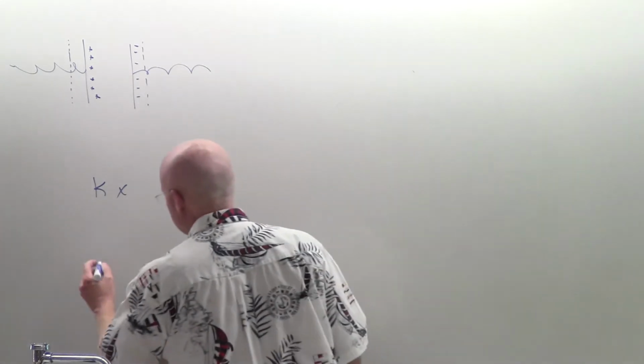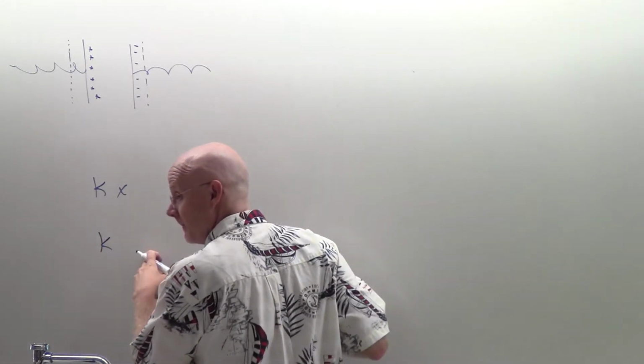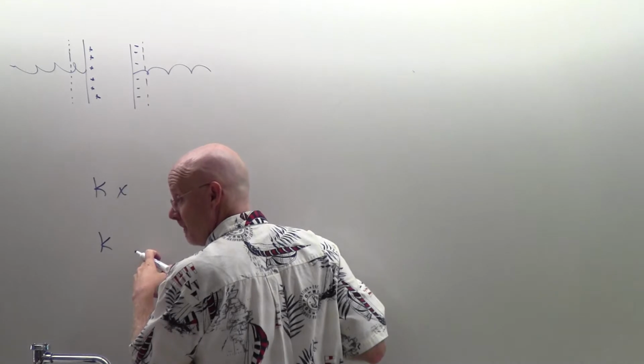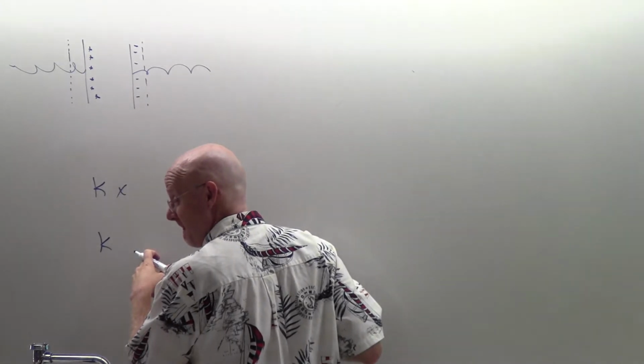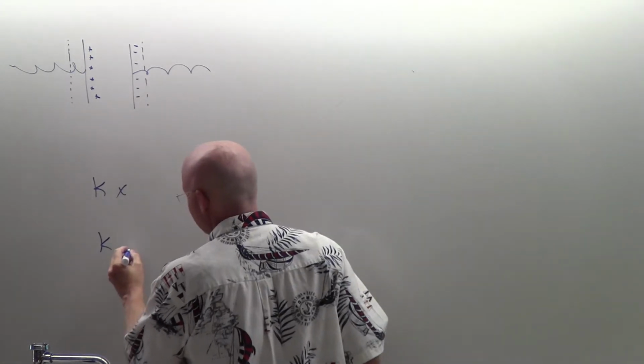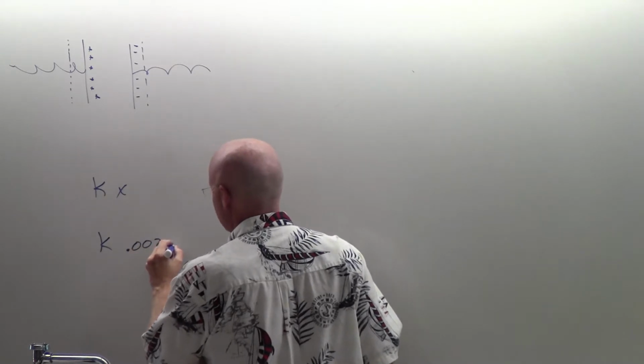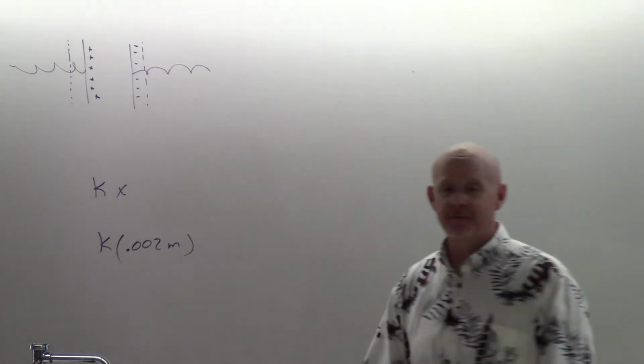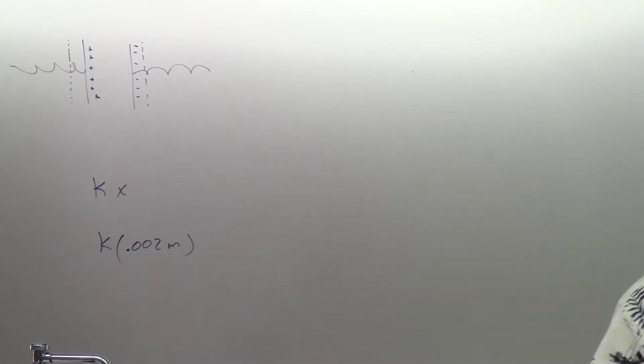So in our case, how much did we stretch it in? 2 millimeters each. All right. So I'm going to put a 2, not a 4. Did you catch that? One spring moved in.